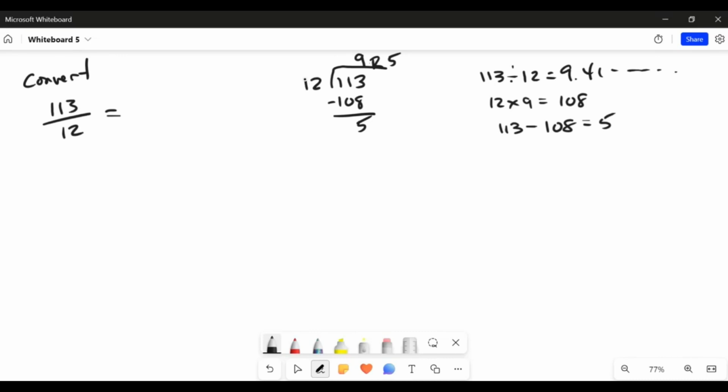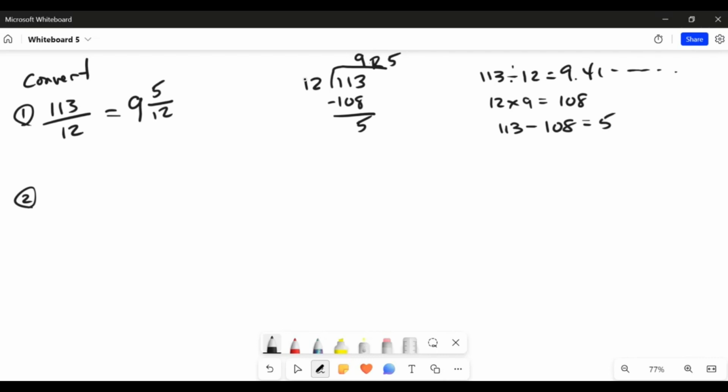To write the mixed number, I write 9 as my whole number part. My remainder is the numerator of the fractional part, and the denominator stays the same. So 113 twelfths is 9 and 5 twelfths. All right, that was number 1 on the second section.